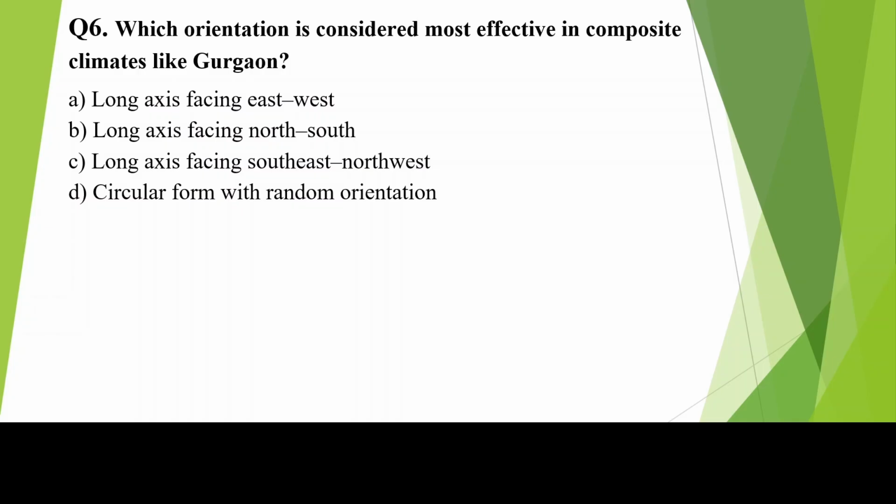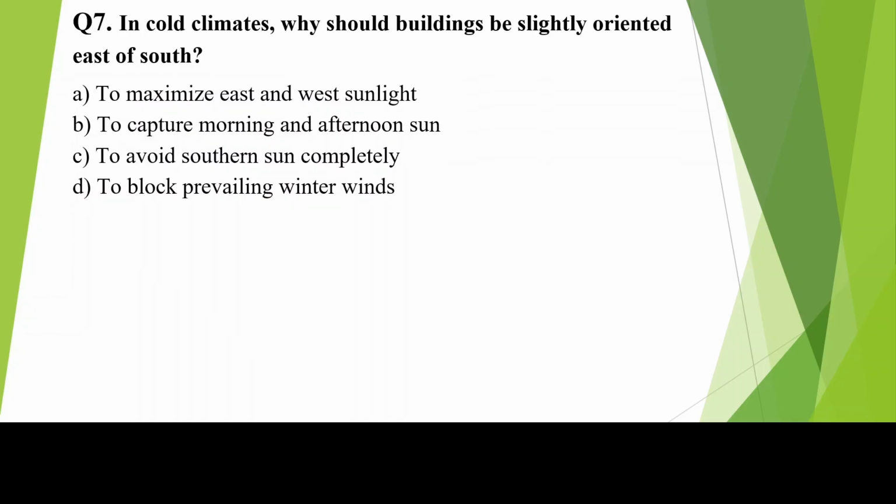Facing the building mass in the east-west direction ensures maximum north-south facade exposure, beneficial for both winter heating and summer shading. So whoever has marked option B is correct. So let's move to the next question then, question number 7. Here is question number 7 for you all.